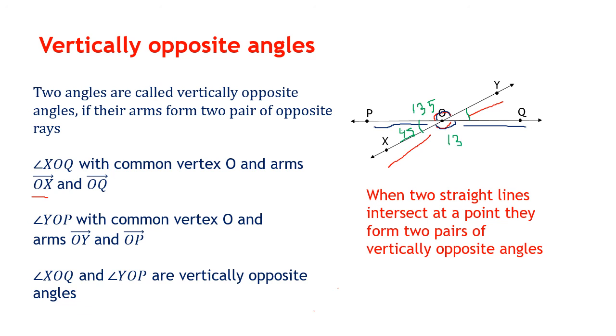So what do you observe? That vertically opposite angles are always equal. So this angle and this angle are equal. This angle 45 and this angle 45 are also equal. So we established the rule here that vertically opposite angles are always equal.